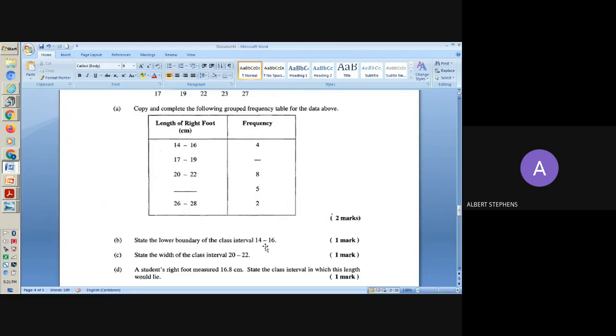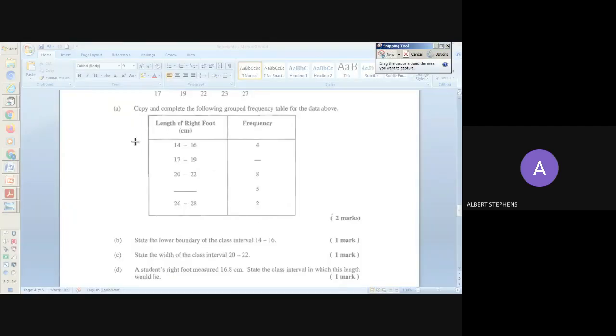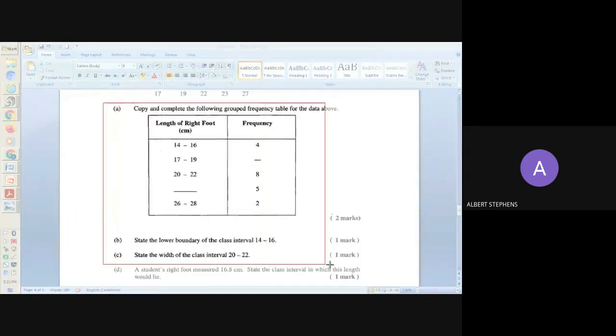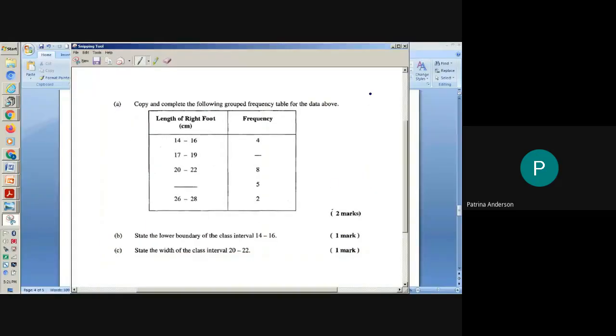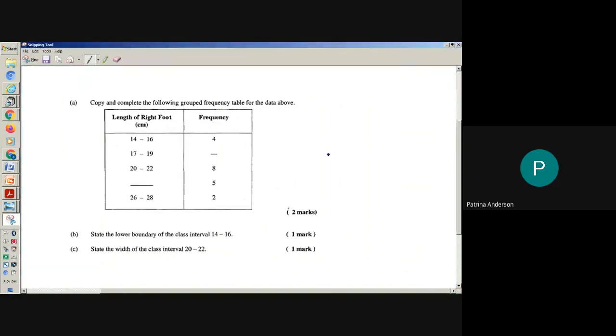What is C? Sir, excuse me, how do you determine the lower boundary? The lower boundary? All right, maybe you joined a bit late.